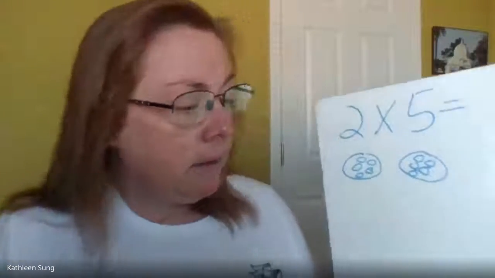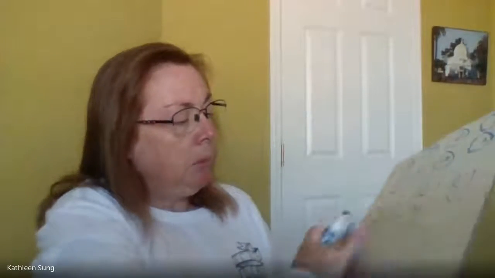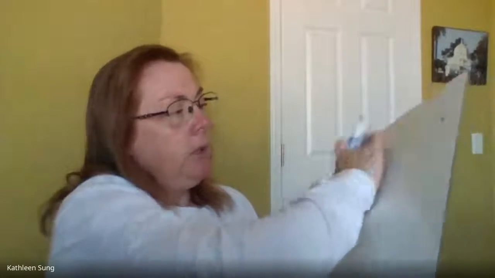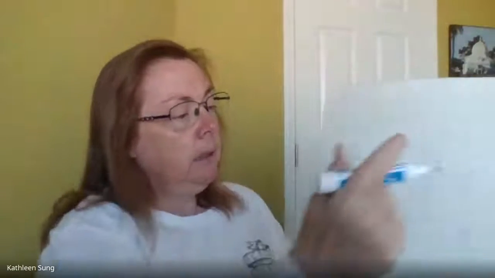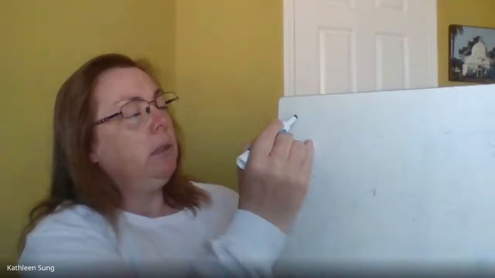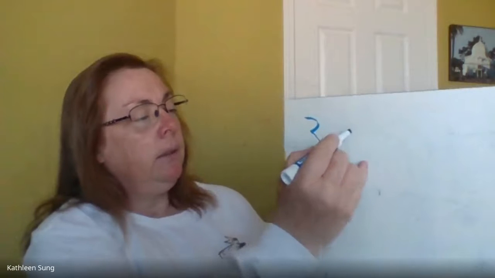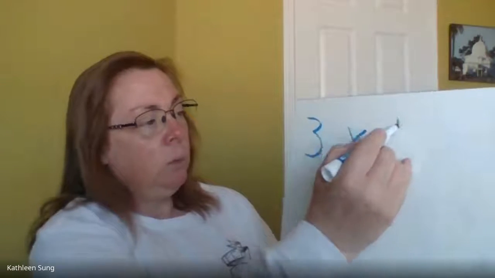Okay. All right. So now we're going to hit your, what comes next? Your 3 times tables. So we had your 1 times tables, and we had your 2 times tables, and then we're going to do your 3 times tables today, okay? Same thing as before. 3 times 1.